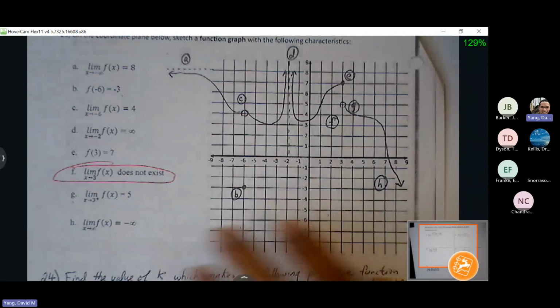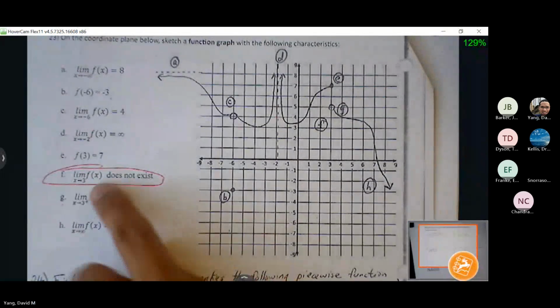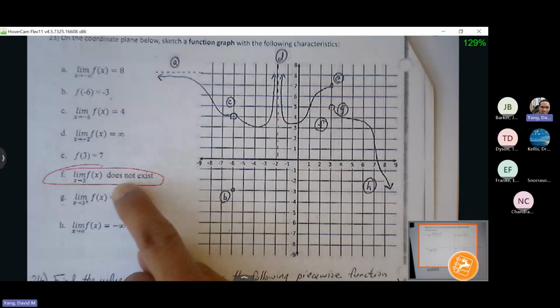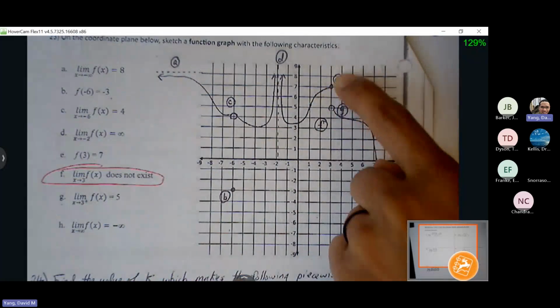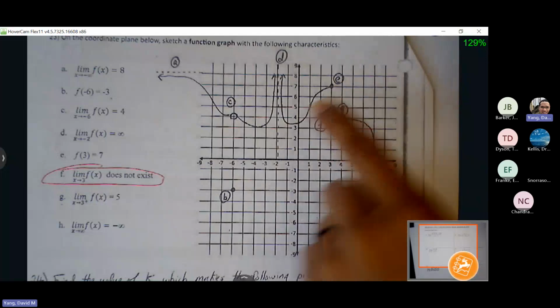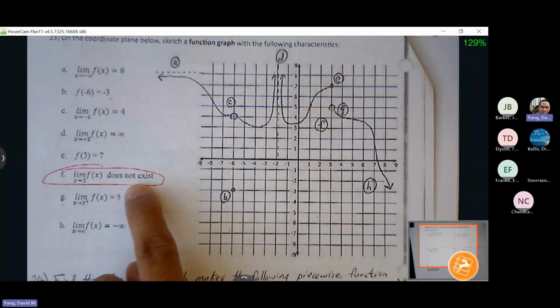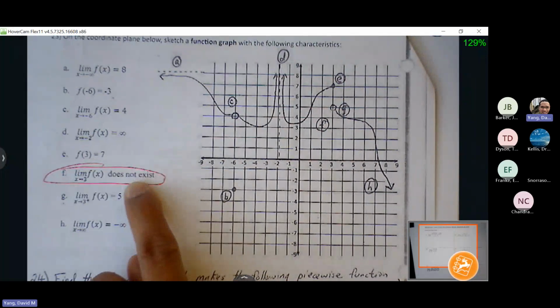Where do you see a horizontal asymptote? Here it says the limit doesn't exist. So that could either be a jump discontinuity or a vertical asymptote. It's up to you, but it's not a horizontal asymptote. It can be a vertical asymptote.